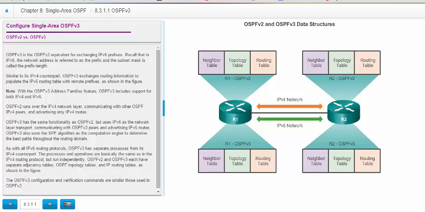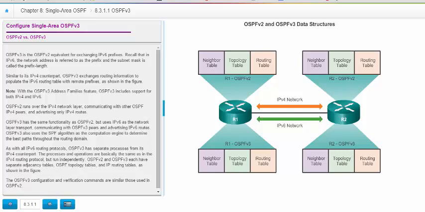OSPF version 2 runs over the IPv4 network layer, communicating with other OSPF IPv4 peers and advertising only IPv4 routes. Now OSPF version 3 has the same functionality, but it uses IPv6 as the network layer transport, communicating with OSPF version 3 peers and advertising IPv6 routes.